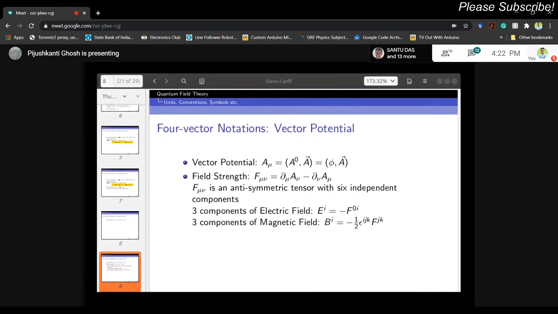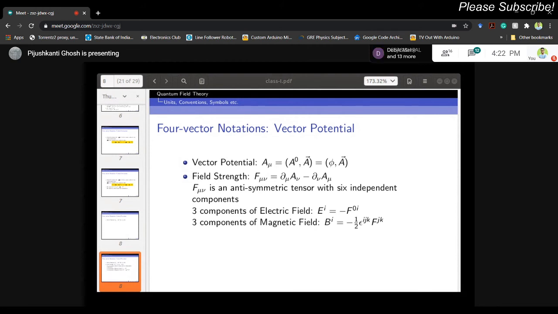So you have the definition for antisymmetric tensor as F mu nu is equal to minus F nu mu. Mu and nu are interchanged.